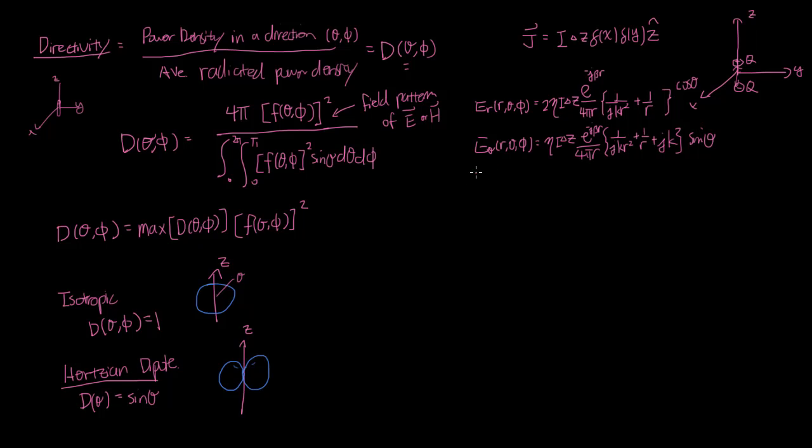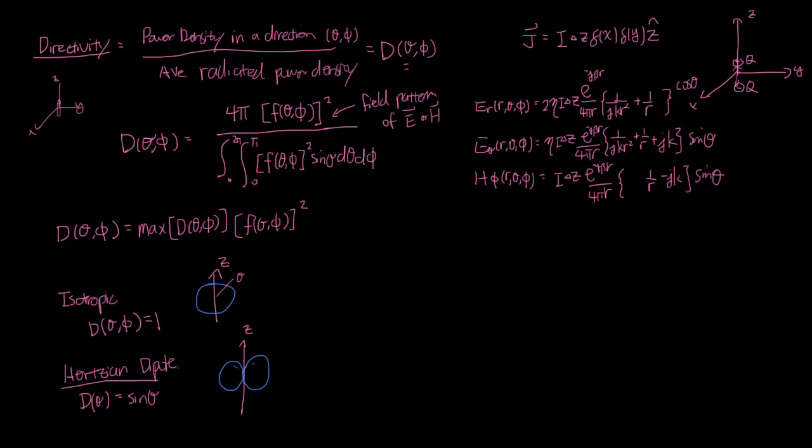And then finally you have a magnetic field component that's going to be in the phi direction, so always perpendicular to these electric fields here. And that is going to be e to the minus j beta r over 4 pi r. There's no 1 over r squared term, but there is a 1 over r minus jk, times sine theta.